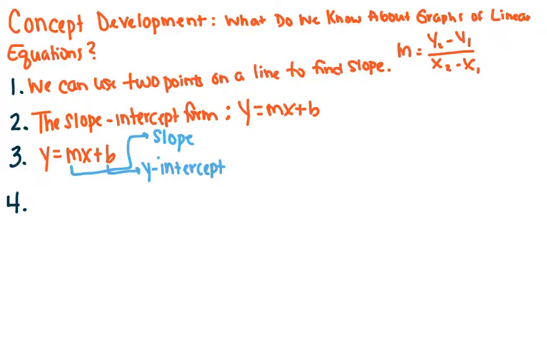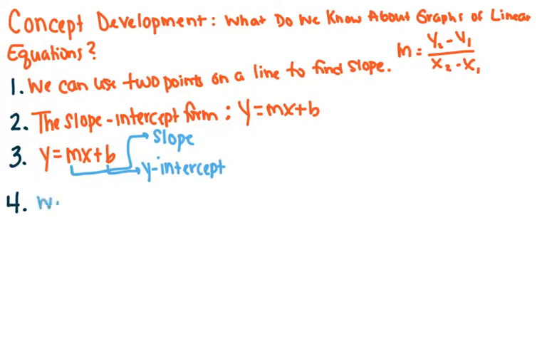The fourth concept in terms of graphs of linear equations is we need 2 points on a line or 1 point and the slope to write the equation of a line. And we actually just talked about how we do this, and we're going to look in more detail about how we do this in the next exercises.